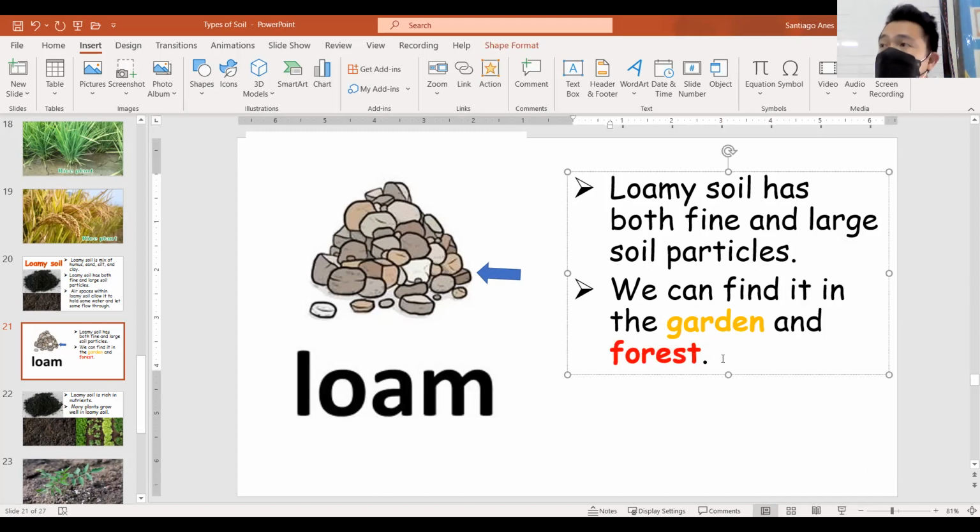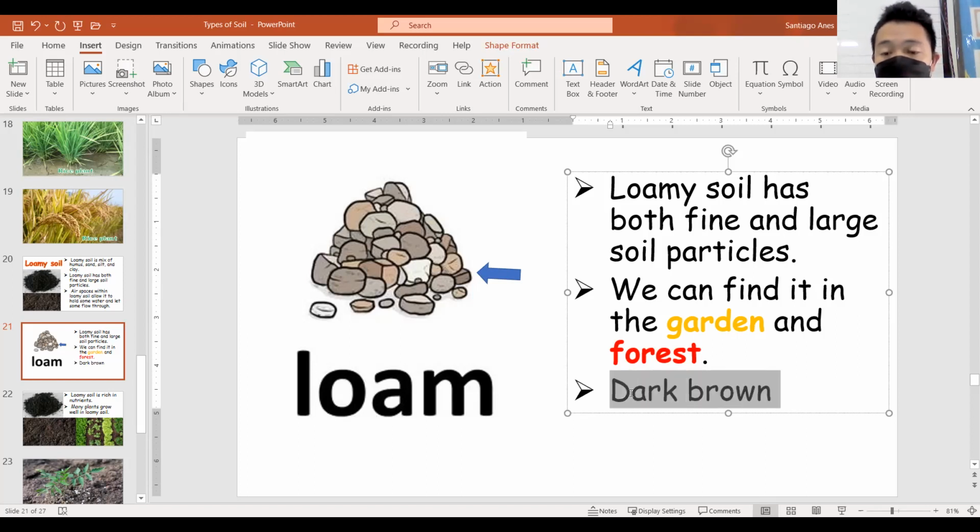Yes, we can find this one in the forest or in the garden. So what's the color? Loamy soil is dark brown. Thank you. The color is dark brown.